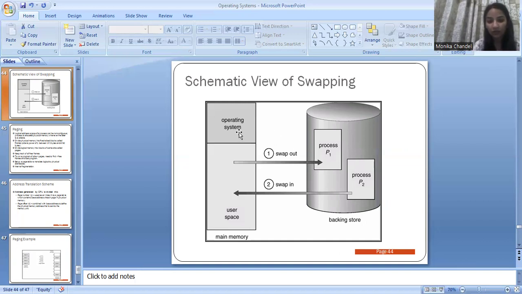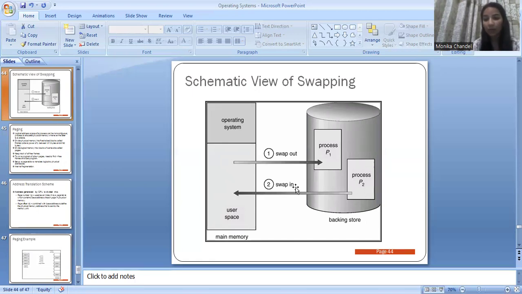Here is the operating system in our main memory and the backing store. One process comes to the backing store, and process 2 is swapped into the user space in the main memory. When the processing is done by the CPU, it will be stored in a permanent way. So it is swapped in. Swap in means process 2 is now permanently stored in the main memory, and a new process comes out from the swap out way in the backing store, and both are stored in a temporary and permanent way.